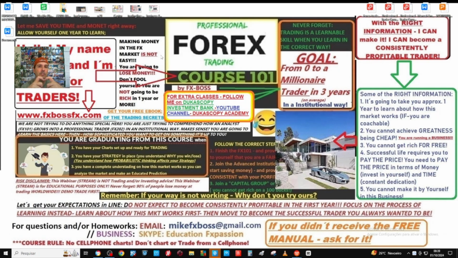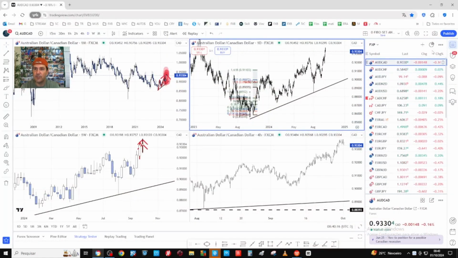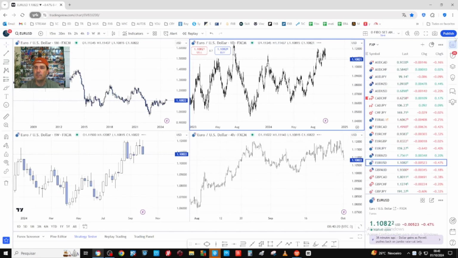You need to make some decisions: you must decide on euro dollar whether it's a buy or a sell. I'm going to do it for you today, but bear in mind that this is the process, that's the formula. So without further ado, this is euro dollar.